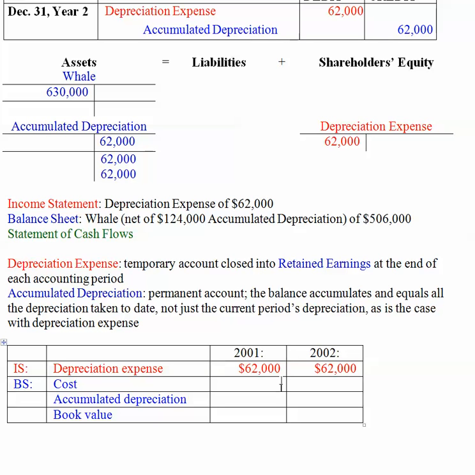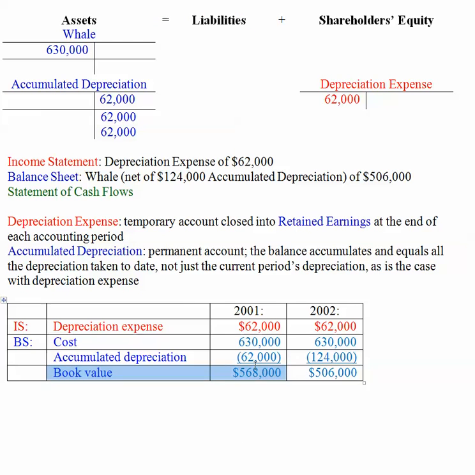That remains at the $630,000. And then the accumulated depreciation accumulates. And that will be $62,000 in the first year, $124,000 in the second year. And that'll continue on. So you can see here the book value gets smaller and smaller as the usefulness of the whale is used.